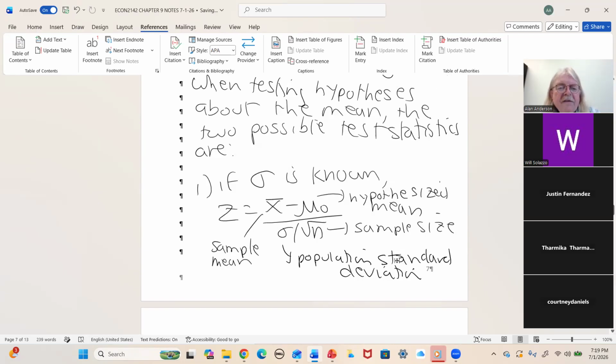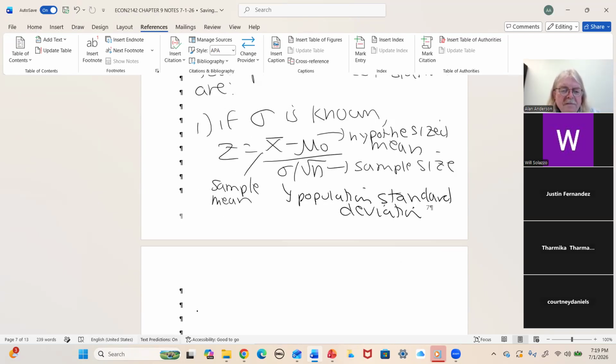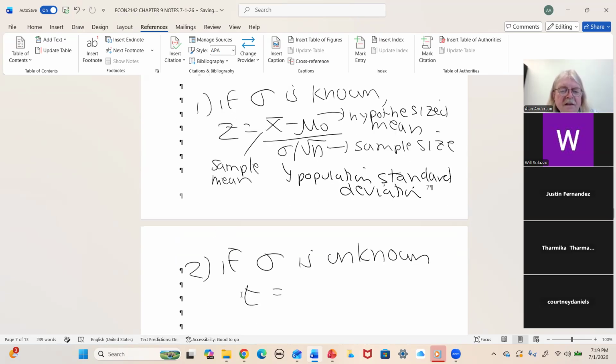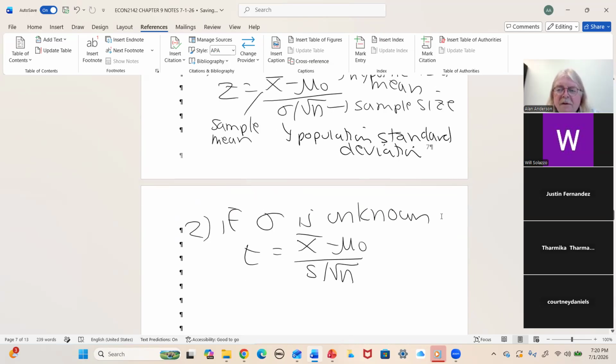Now, if sigma is unknown, instead we use the t distribution, and the test statistic is similar, but not identical. The only real difference is that we replace sigma with s.